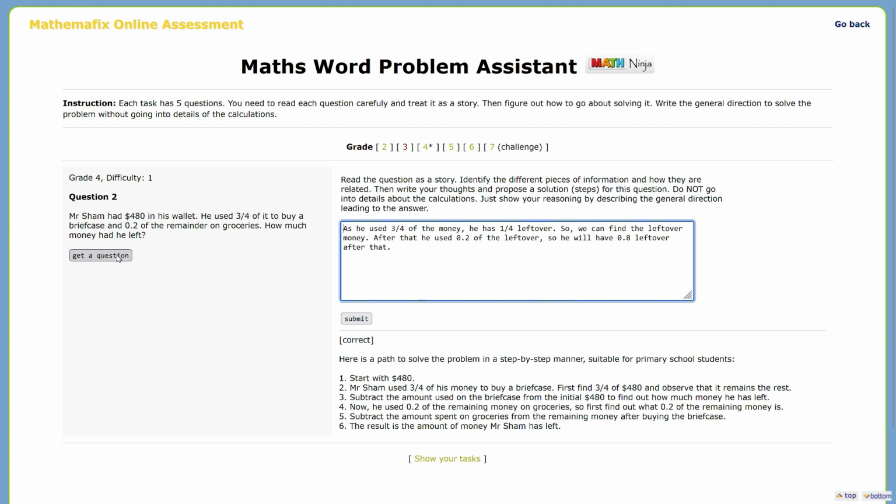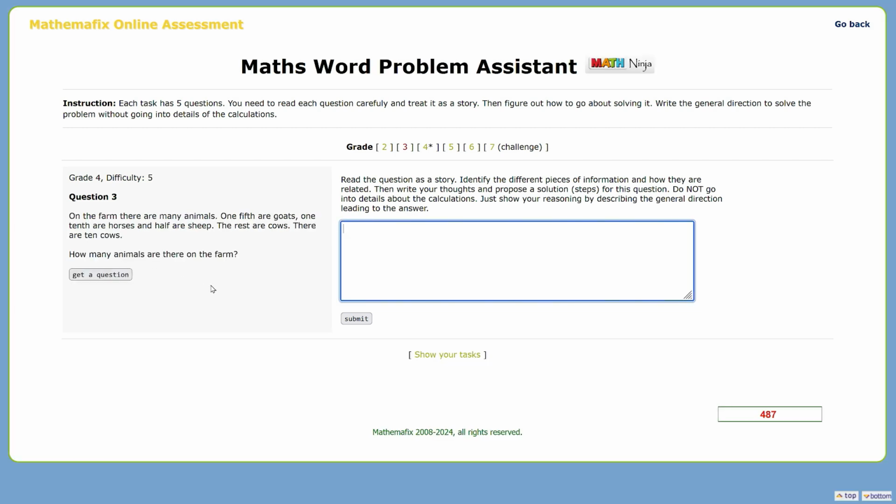Okay, let's try another question. Now on the farm there are many animals. 1/5 are goats, 1/10 are horses, the rest are cows. There are 10 cows. Now this one is rather difficult. So we have many animals. We have the goats, we have the horses, we have the sheep, and the rest are cows.